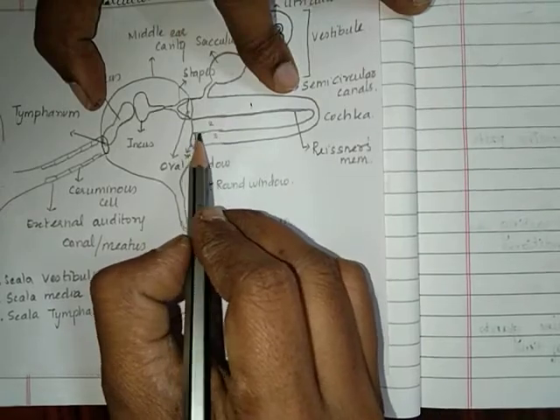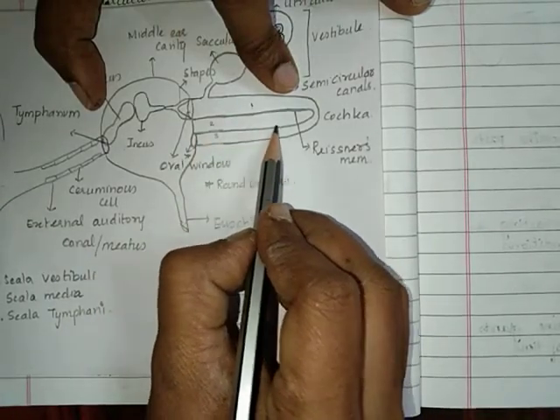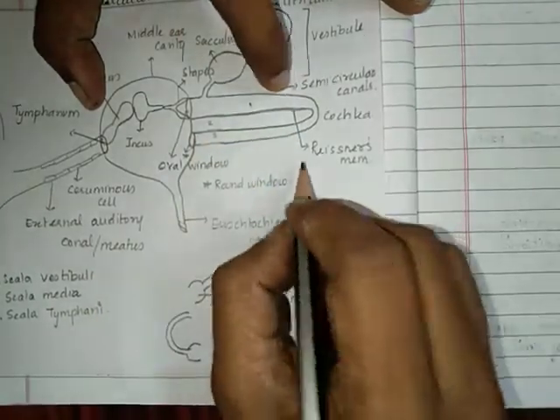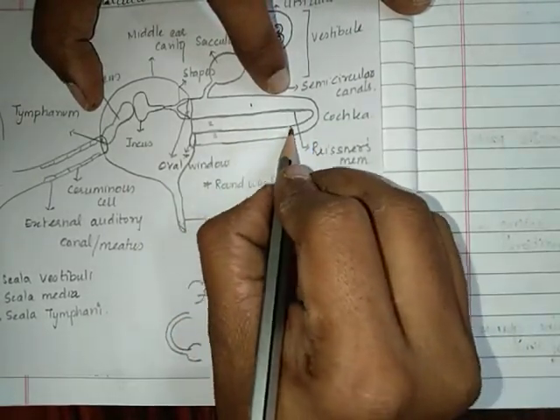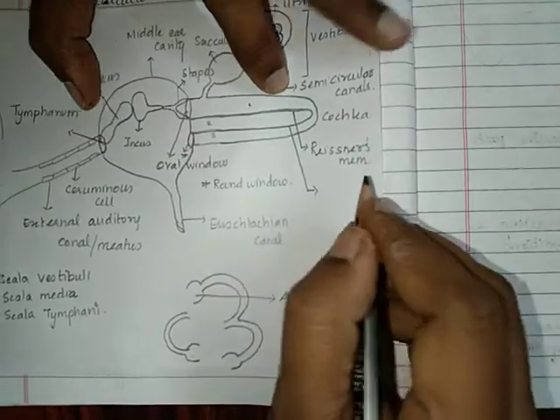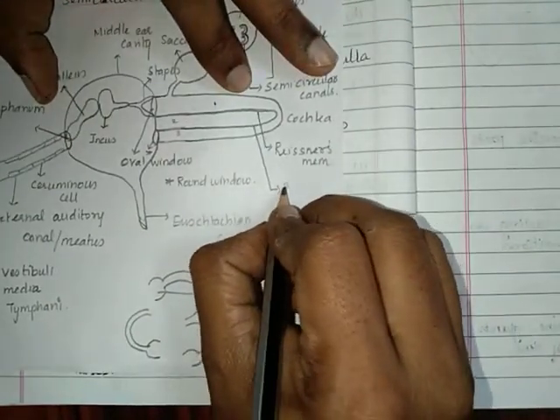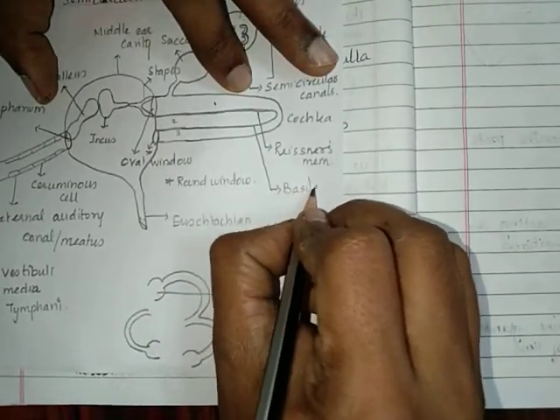Next, this membrane is called the floor of the scala media, which is the basilar membrane.